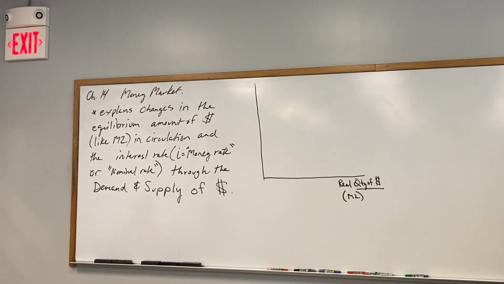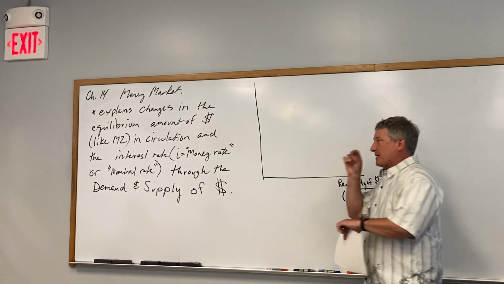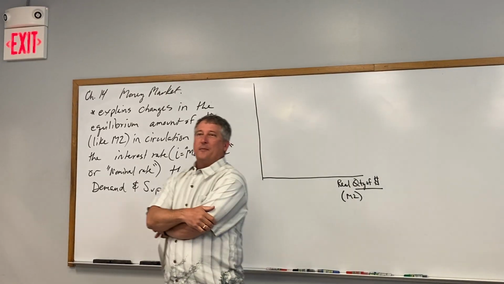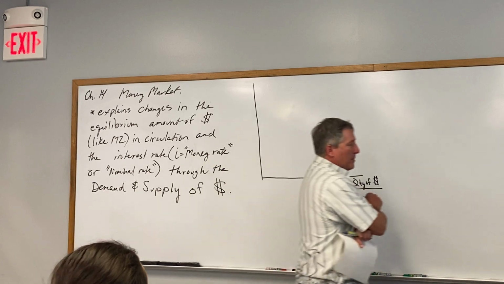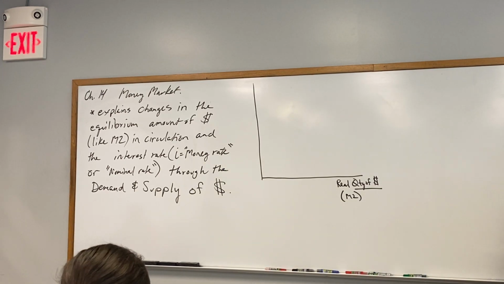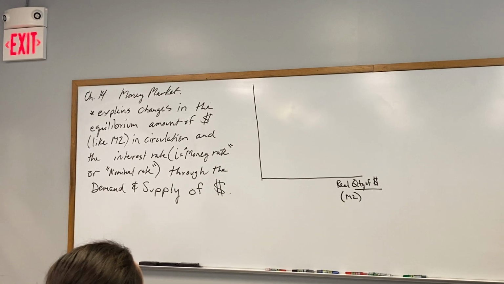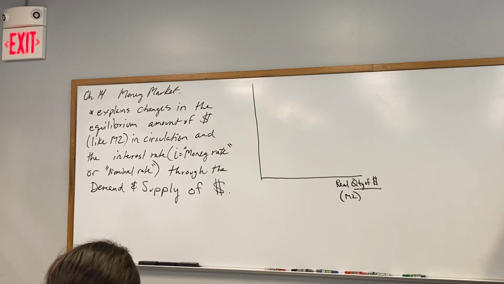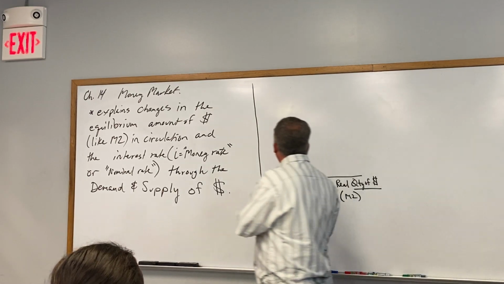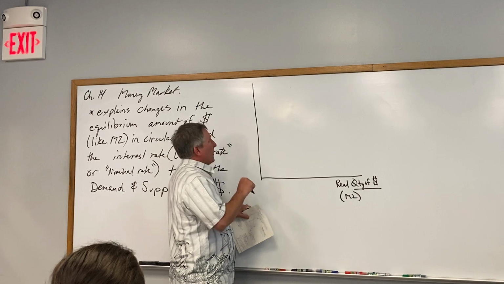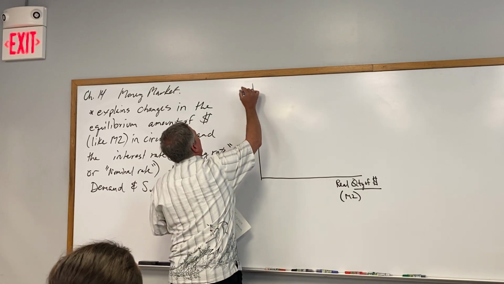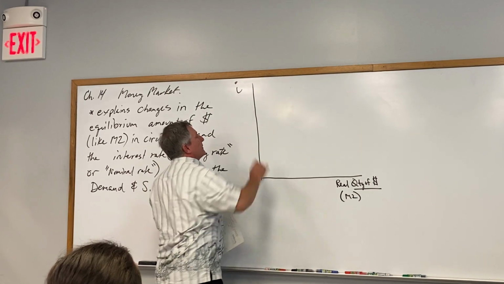So M2 is M1 plus savings accounts plus small time deposits, plus, there's one more. Money market, good, Mary. So money market account. So adding all of that stuff together ends up being around $15 to $17 trillion over time. And so we're looking at that versus the interest rate.